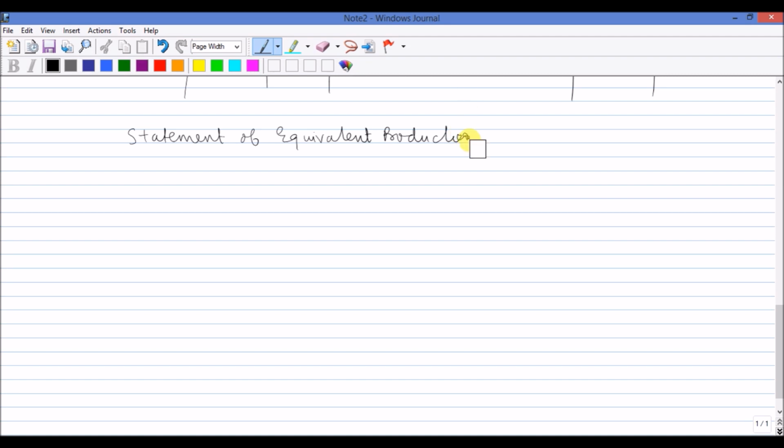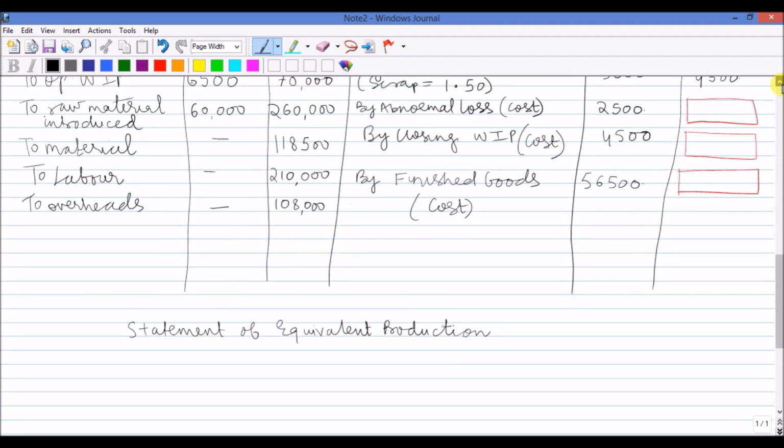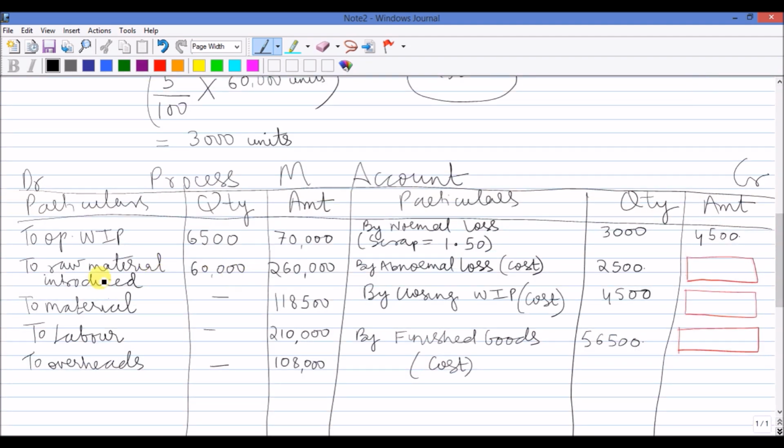Now it is this statement which will help us. We have to know what are the things which are required. It is having raw material, it is having another material, it is having labor, it is having overheads. So there are two materials, labor and overheads.